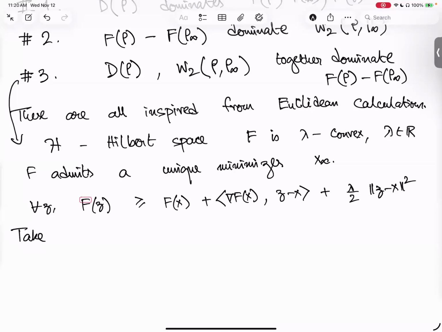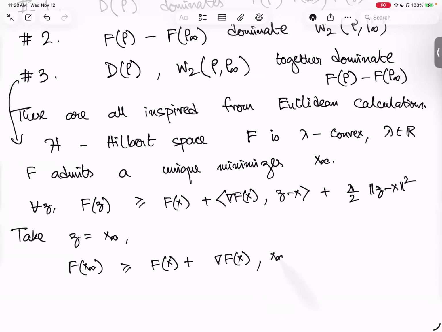Take z to be x infinity, which is the minimizer of this function f. And then I get f of x infinity is greater than or equal to f of x plus gradient of f of x, x infinity minus x, inner product, plus lambda over 2, x infinity minus x, norm square.